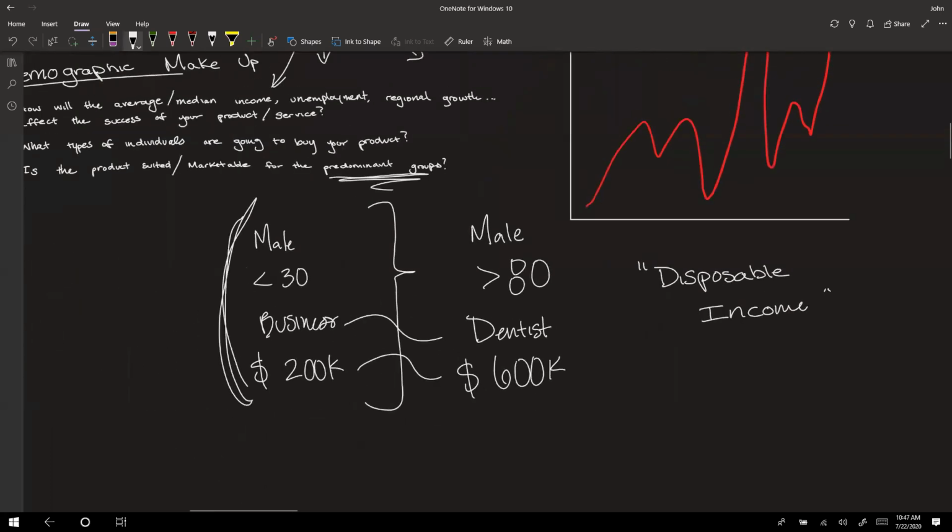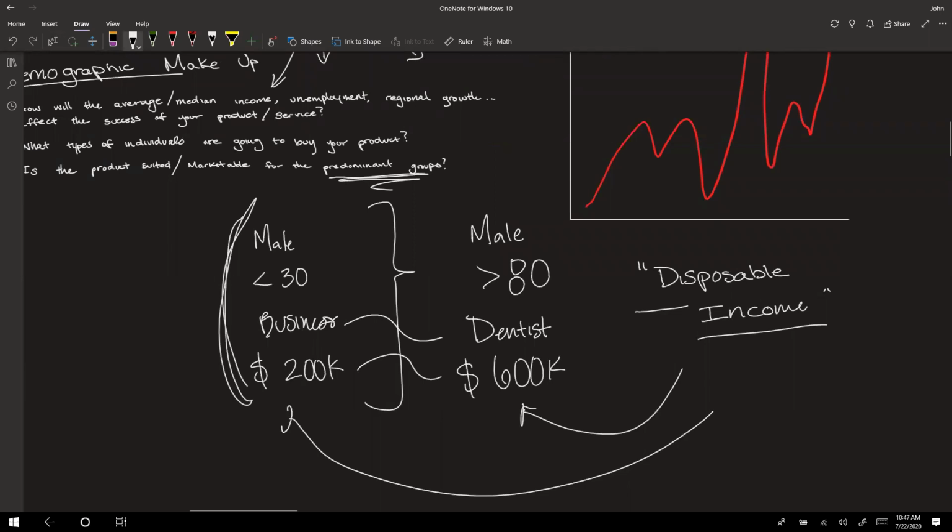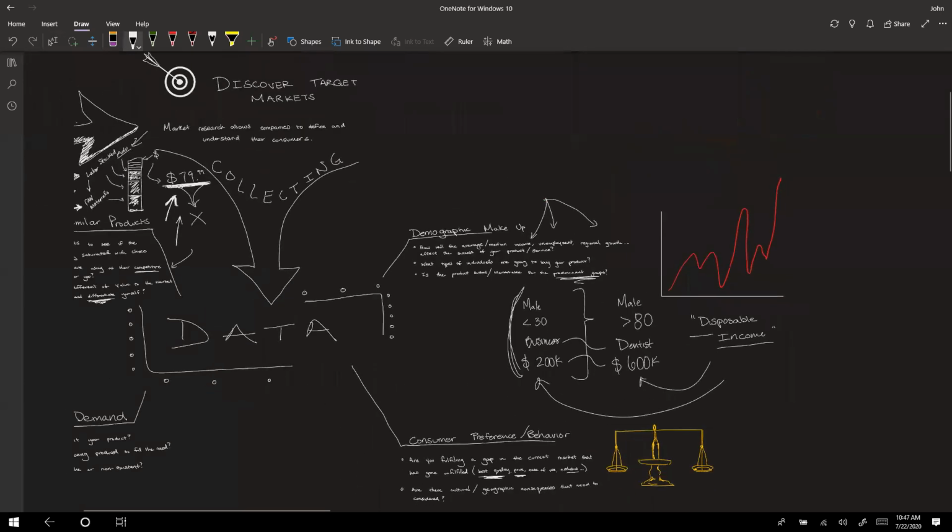So things that you don't really need, that you just buy, like that extra piece of clothing or buying another iPhone or something like that. So disposable income that you can use, that you don't need to pay your taxes with or pay for your housing, anything like that, any necessities. This guy's going to have a lot more disposable income than this guy. So you're going to market it in a different way. All right.